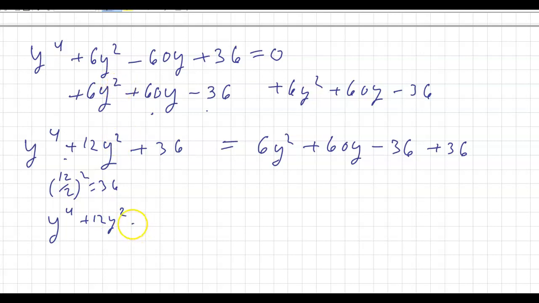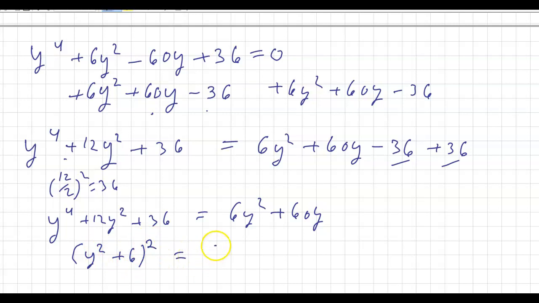Sorry about that. 6y squared plus 60y. These 36 cancel out. That was kind of lucky. That usually doesn't happen, but it doesn't change things that much. So what's happened here is that the left side is definitely going to be a perfect square trinomial now. But the right side is not a perfect square trinomial.